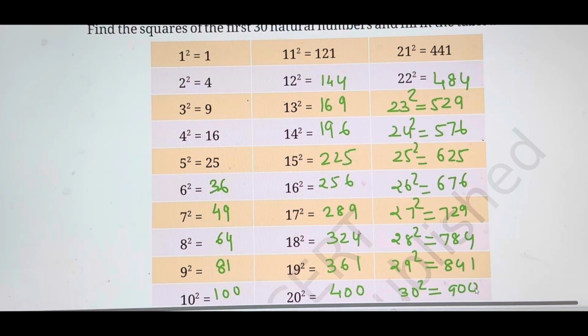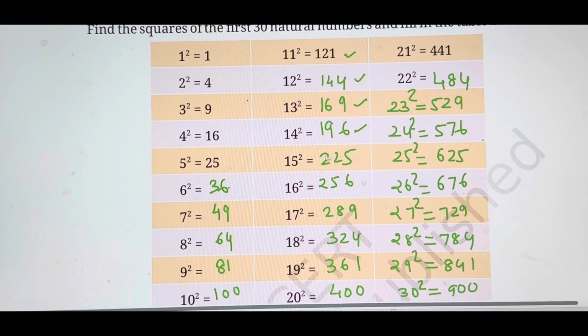So let us see how many square numbers there are between 1 to 100. If we see over here, 1, 2, 3, 4, 5, 6, 7, 8, 9, 10. There are 10 between 1 to 100. Then they have asked from 101 to 200. There we see 1, 2, 3, 4.